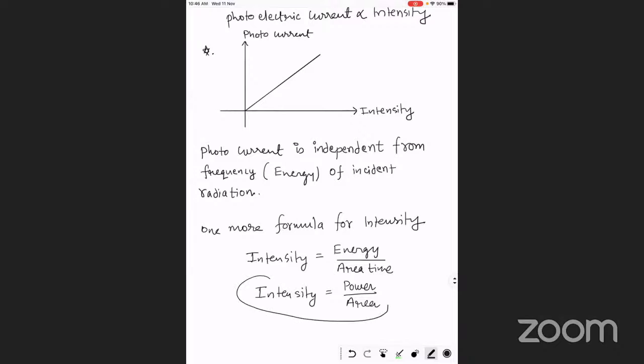You got another formula for intensity. Energy upon time is power, no? Right? So intensity is equal to power upon area. Understood?